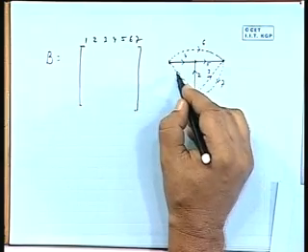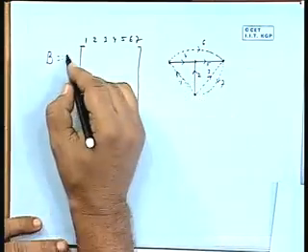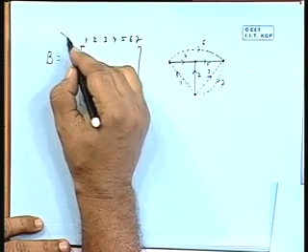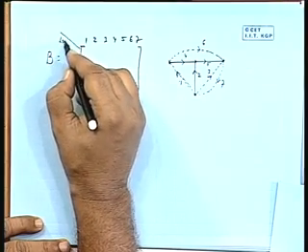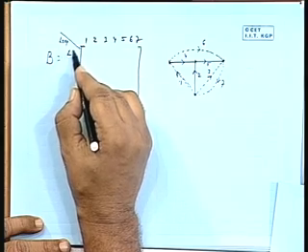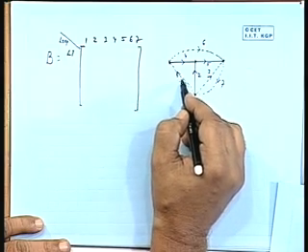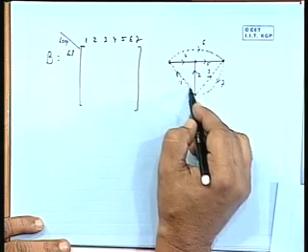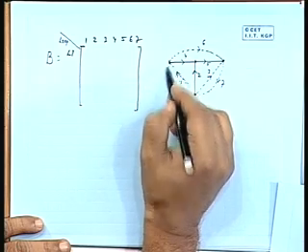The direction of the loop is decided by the direction of the link. So the first loop, loop 1, is with this element 1, link 1.